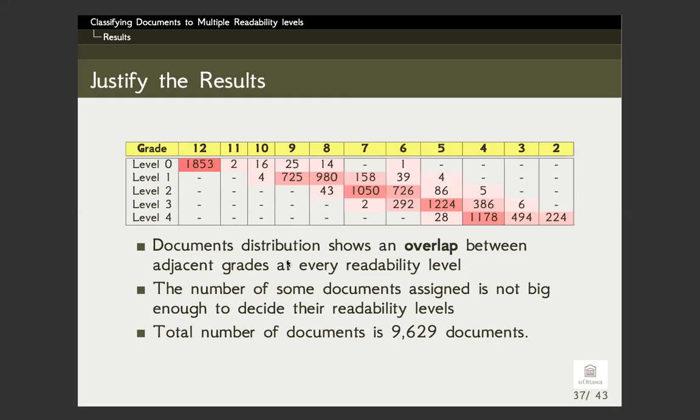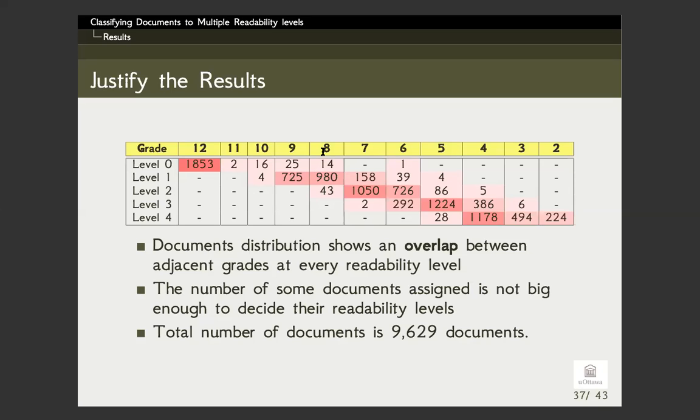As we can see here in this table, the distribution of those documents, we can see some documents have overlapping between the levels. Some of the grades' documents are not big enough to train our model to distinguish between the levels.